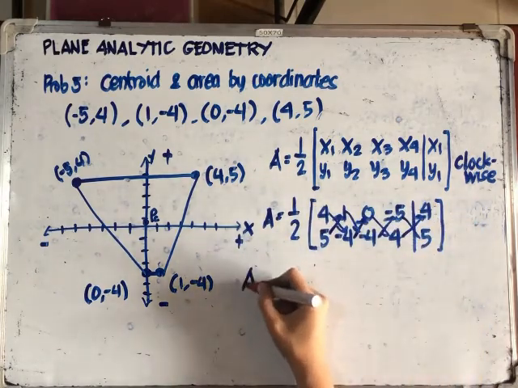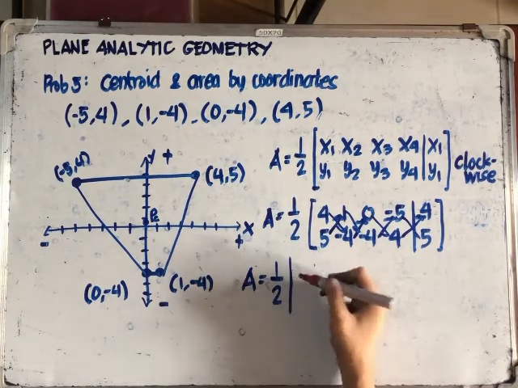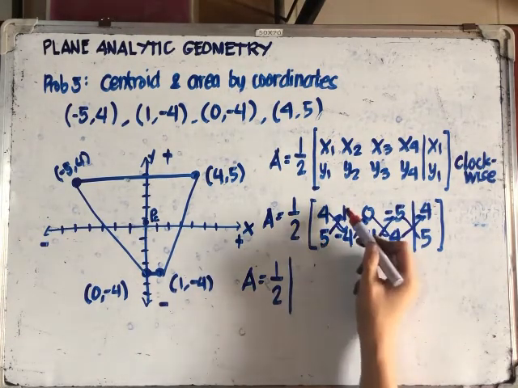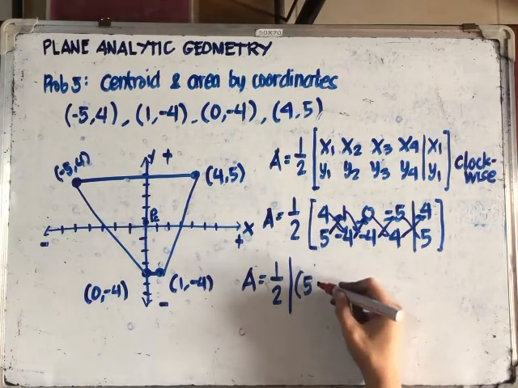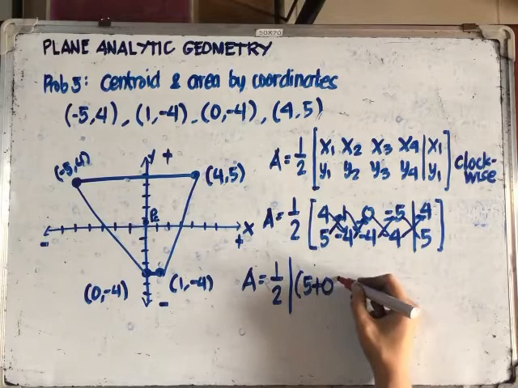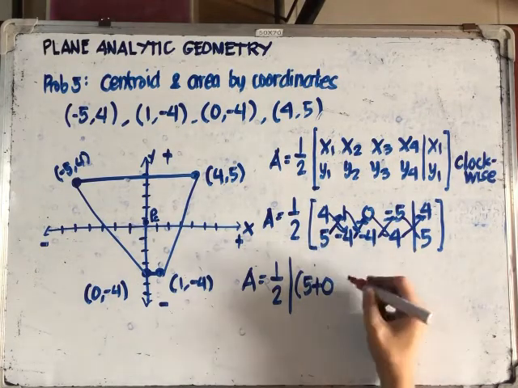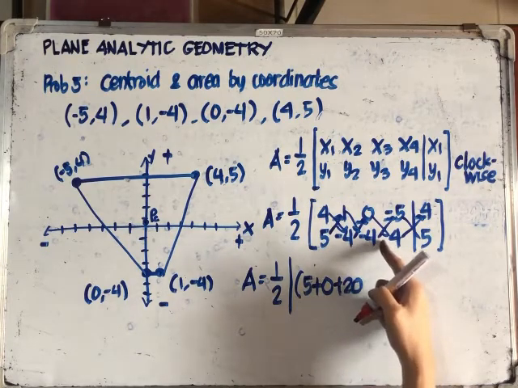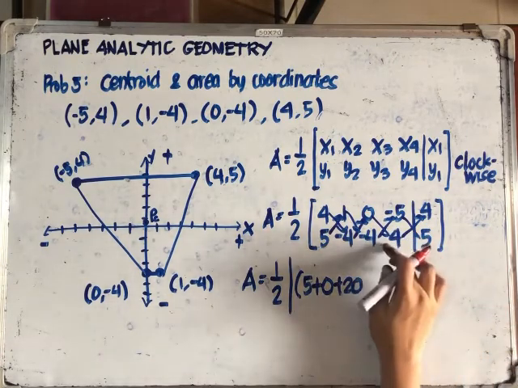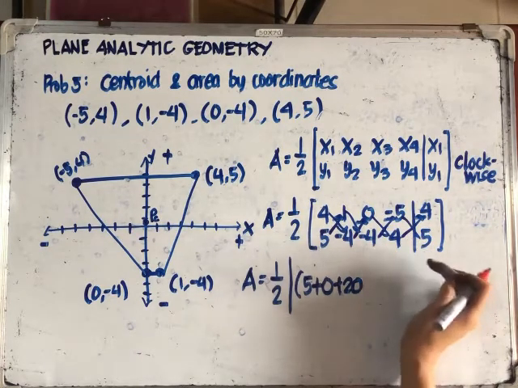So that this would become 1/2 of the absolute value of upward tayo. 5 times 1 is 5. Negative 4 times 0, you add it, that's 0. Then 4, negative 4 times negative 5 is positive 20. And then, I'm sorry, parang nag-overlap na siya. Positive 4 pala to.